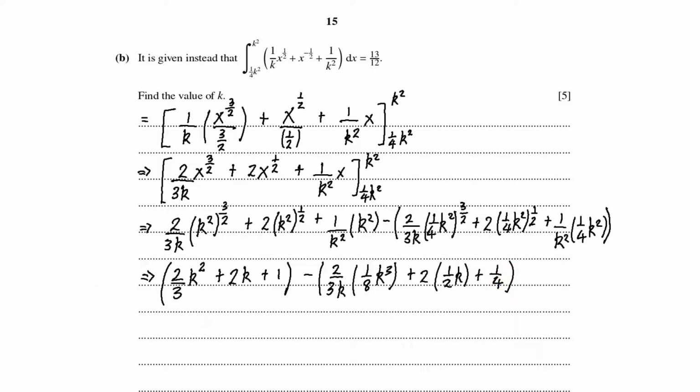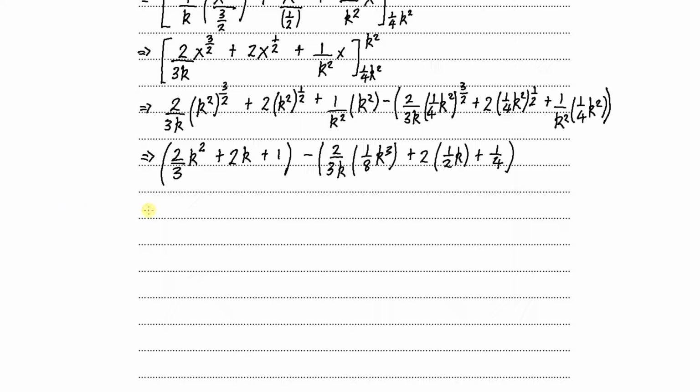Okay, so we can simplify this a little bit more. So I'll write down what we have right here. We have 2/3 of k squared plus 2k plus 1, minus 2 over 3k multiplying an eighth of k cubed.